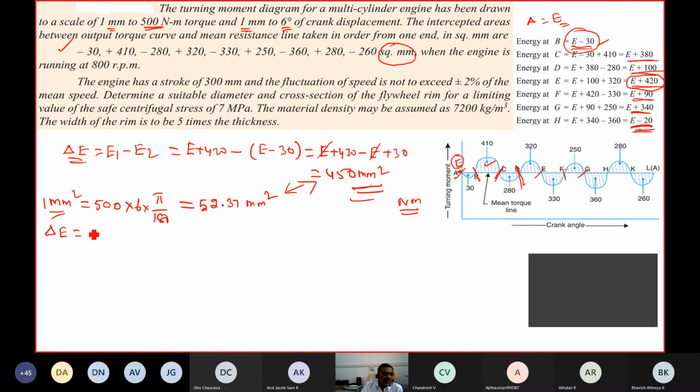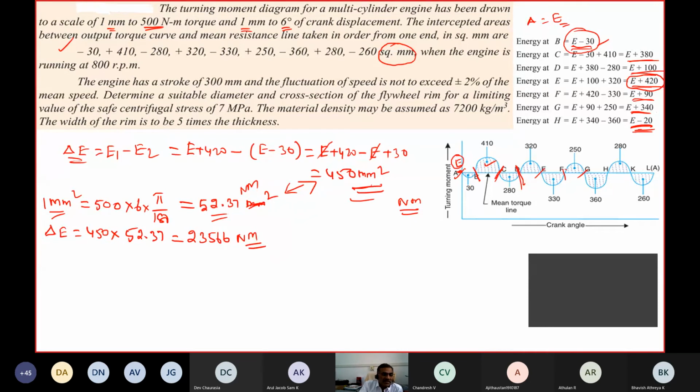If you multiply 450 by 52.37, that will give 23566 Newton meter. So first step we have completed.